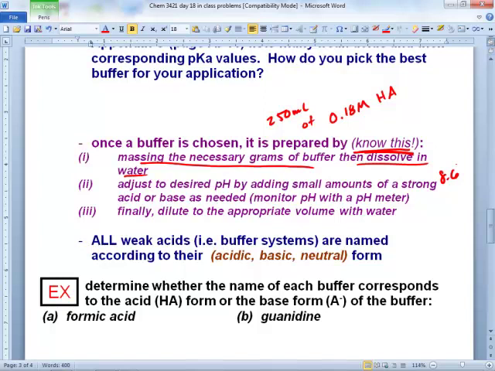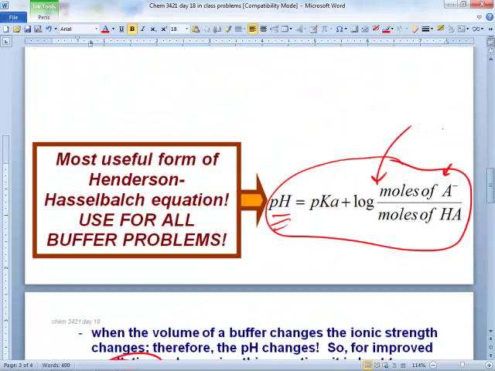How do you fix it? Do you just screw everything up? Add some concentrated acid. Now it's 2.9. You just keep adding acid and base. Are you screwing up the buffer? No, you're just messing around with the population ratio. That's all you're messing around with.